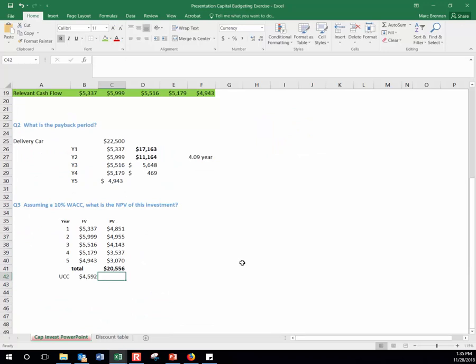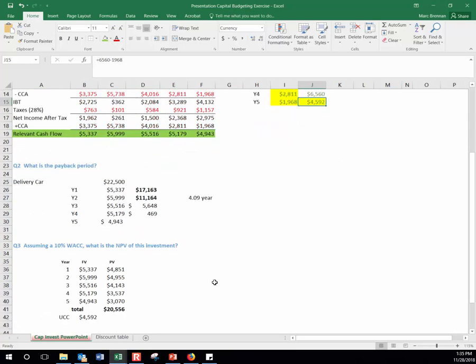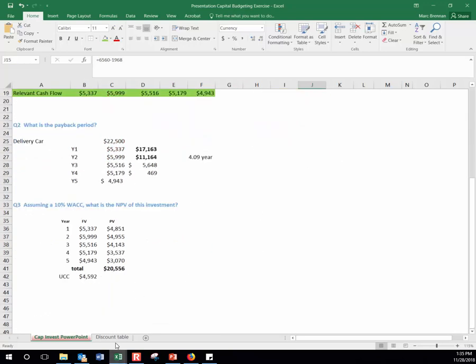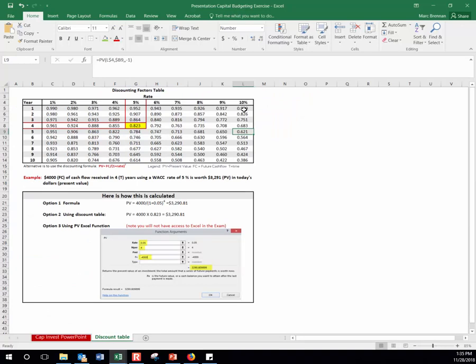That's not how much it's actually going to be worth if we're looking at today's dollars. So we need to do the same thing we did here, and we need to simply multiply our undepreciated capital cost at the end of year 5 multiplied by our discounting factor with that 10% again for year 5. So we go 10%, but I want to know in year 5, 0.621.